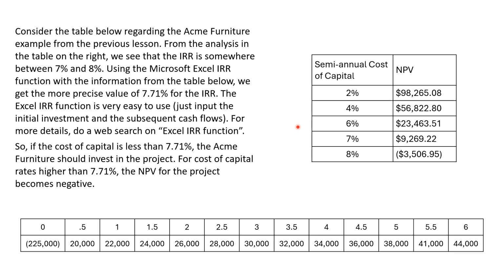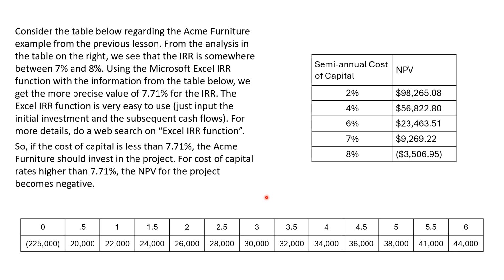If they think the equivalent risk is 6%, then they're below the IRR, and they would go ahead. And if they thought the equivalent risk was 7.9%, then they would not go with the improvement to their furniture company. They would actually go with some external investment.